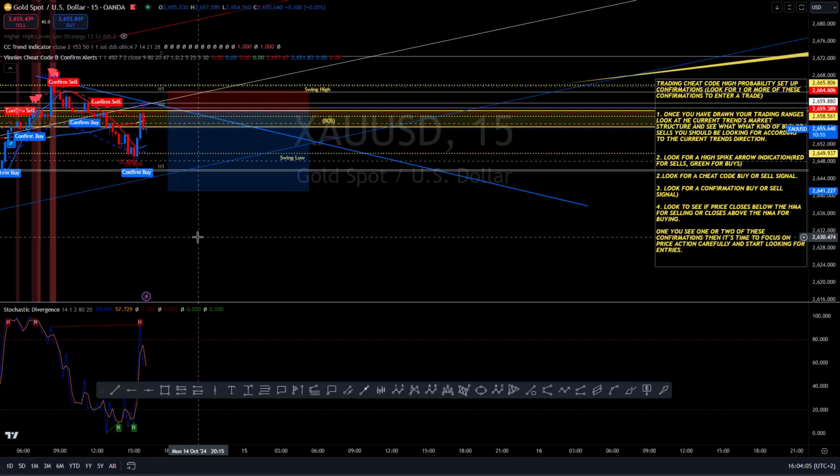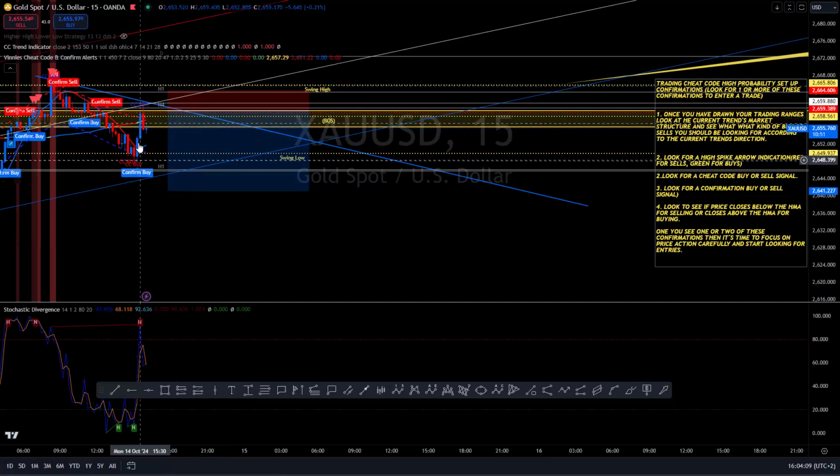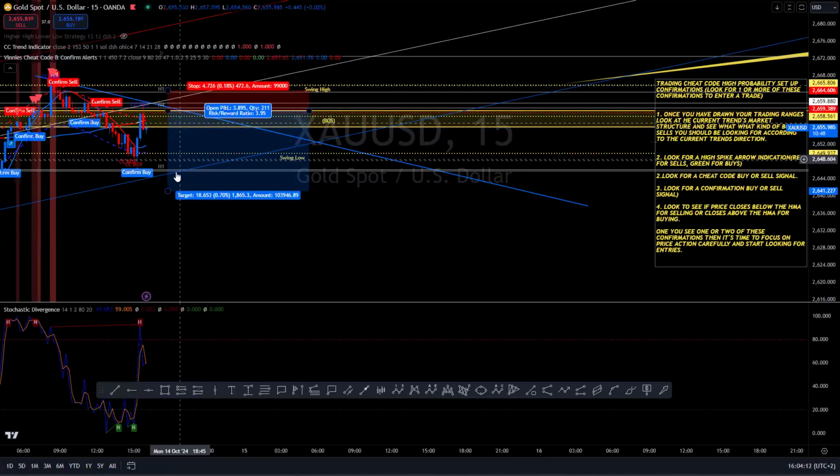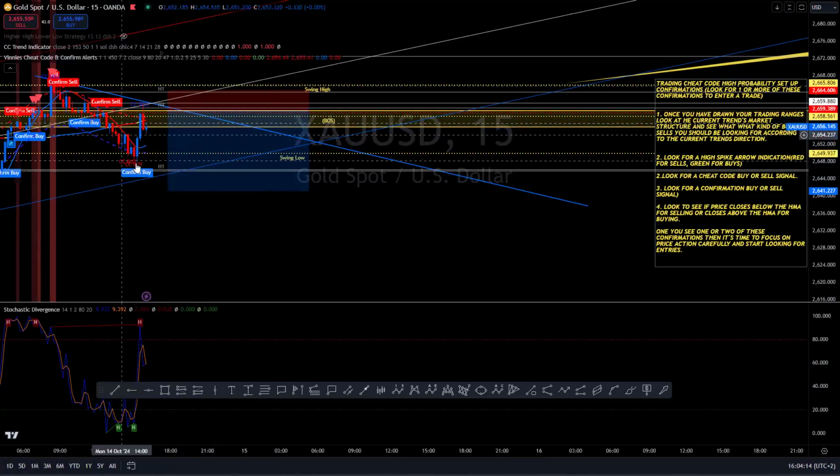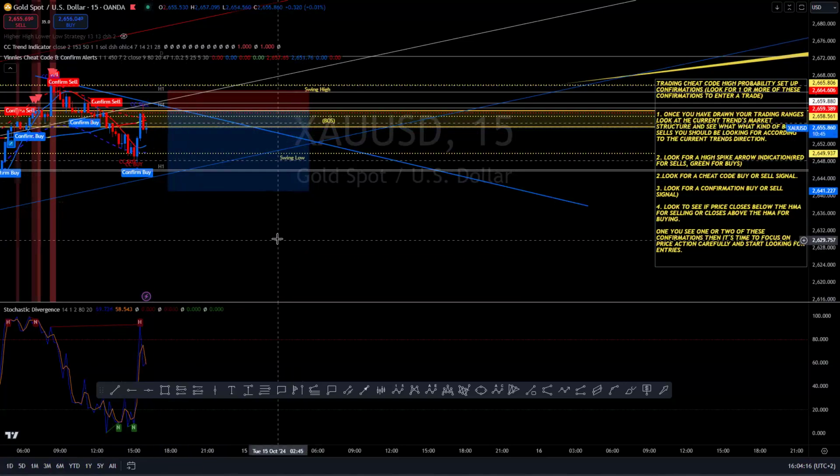The indecision. And we might have missed a big move here, but it's okay. That means we were practicing patience and not being FOMO. We'll see if we can get another move out of this session.